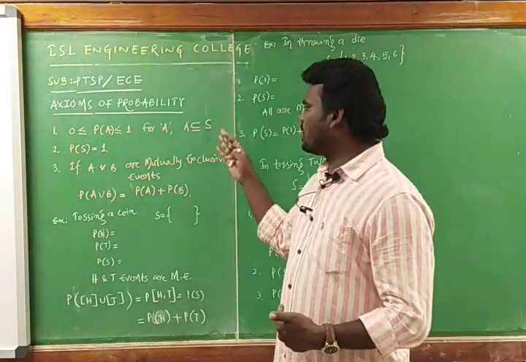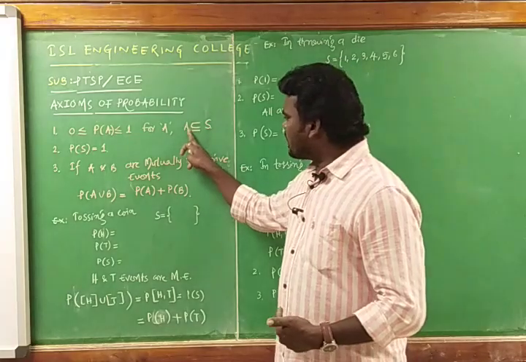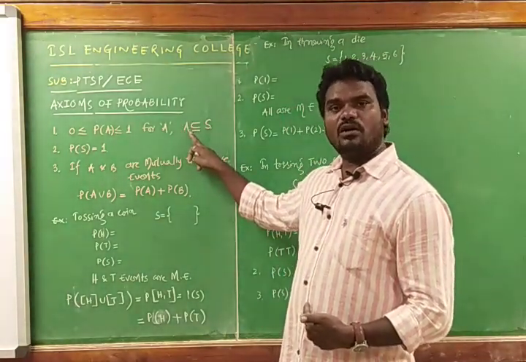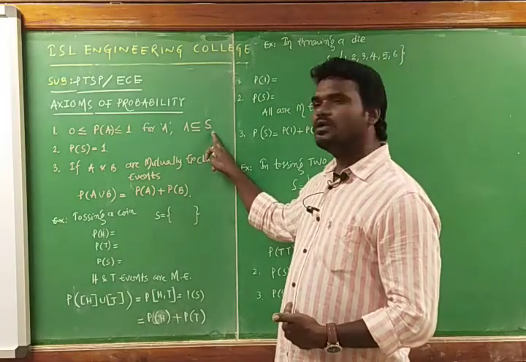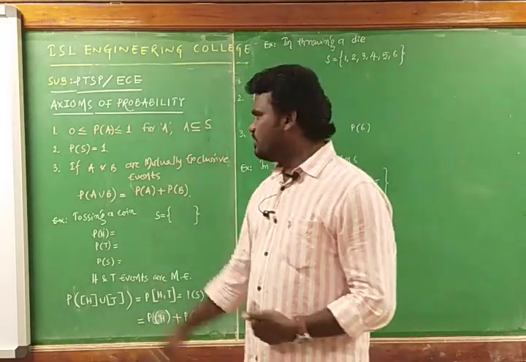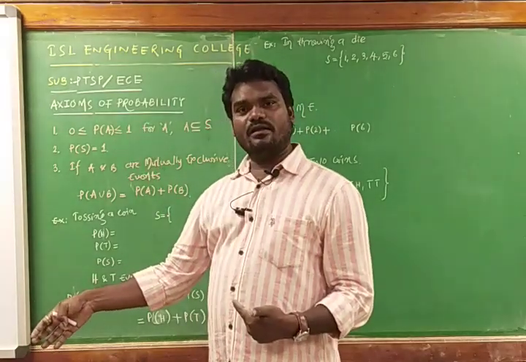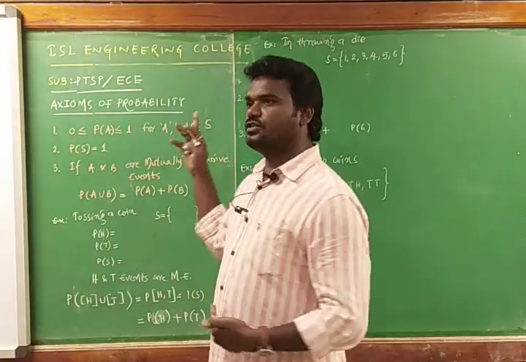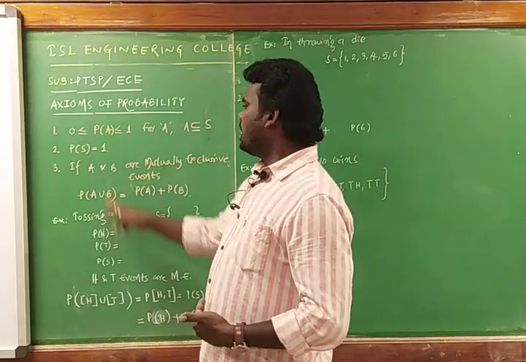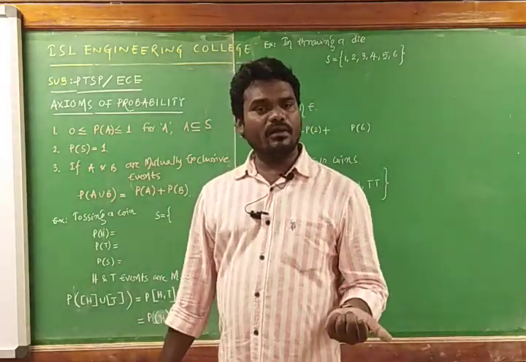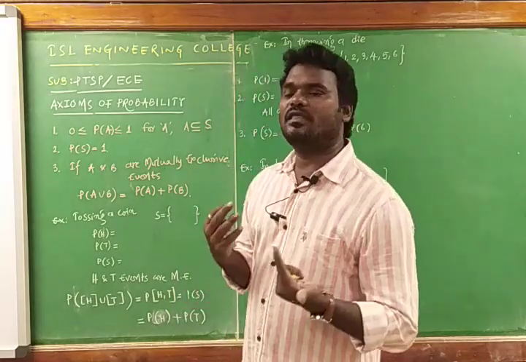From the total possible outcomes we take one possible outcome, so this outcome must be a subset of the total possible outcomes. First axiom: the probability of any event, which is a subset of the sample space, must lie between 0 and 1. It should not be negative, and it should not be more than 1.